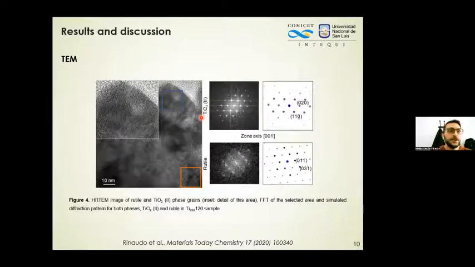And it was really interesting because we could have a mixture of the three phases in the same material, which is uncommon in the literature because commonly they use a titanium oxide support with a pure structure, maybe anatase or rutile in the pure phases.